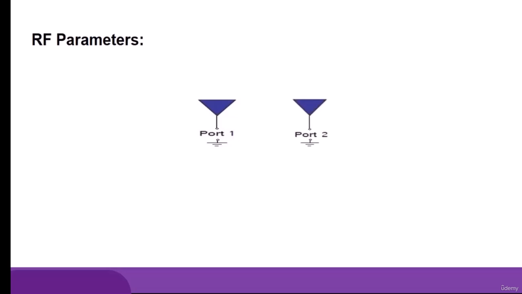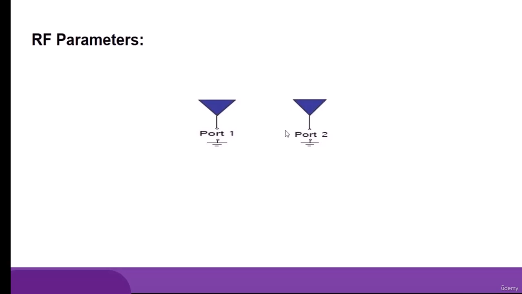Now let's suppose that it is a two-port system in which this is port 1 with antenna 1 and this is port 2 with antenna 2. Now the reflected power from antenna 1 would be the S11 parameter, and the reflection coefficient from antenna 2 would be the S22 parameter.